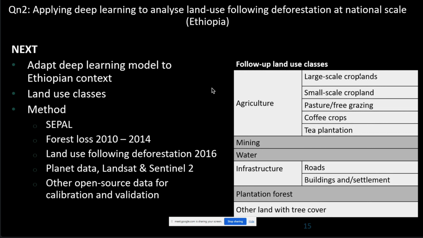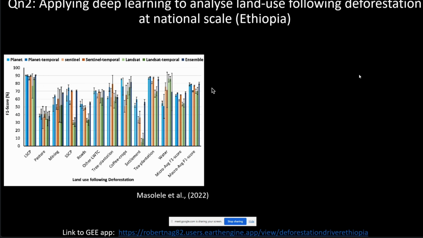And we derived the land use classes from forest loss which occurred between the years 2010 to 2014. From the analysis, we were able to see that data from Planet performed much better. If you see here at the end, the micro average F1 score, Planet data achieved a higher F1 score compared to Sentinel and Landsat data.